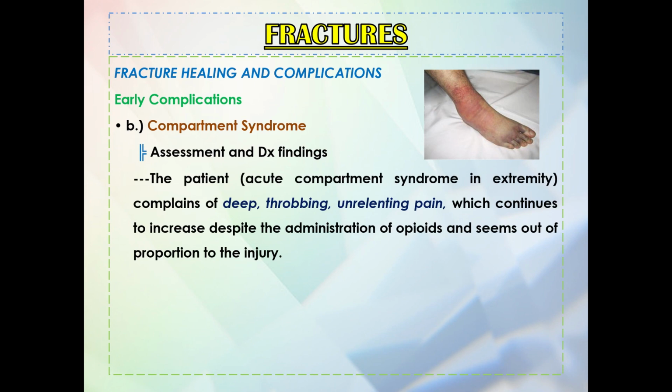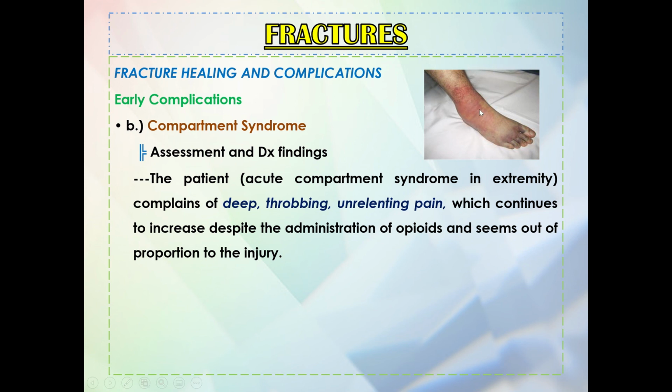So, assessment and diagnostic findings: the patient with acute compartment syndrome in the extremity complains of deep, throbbing, unrelenting pain. Ayan yung characteristic ng pain niya, deep, throbbing, and unrelenting, which continues to increase despite the administration of opioids and seems out of proportion to the injury.